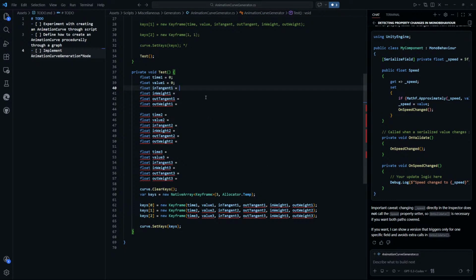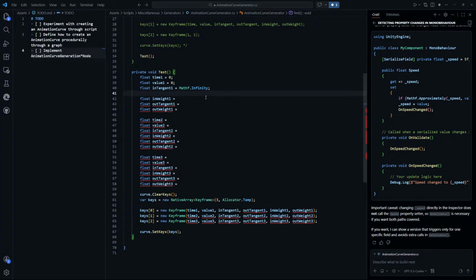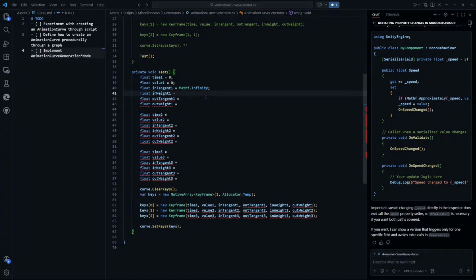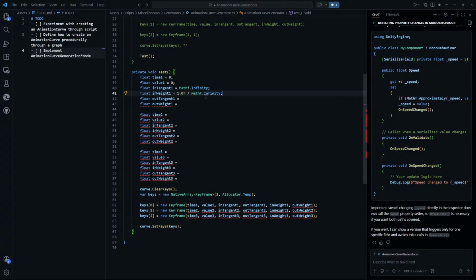So Mathf.Infinity. And then I wonder if we can do in weight 1.0f divided by Mathf.Infinity. And once again, this is going to be out.